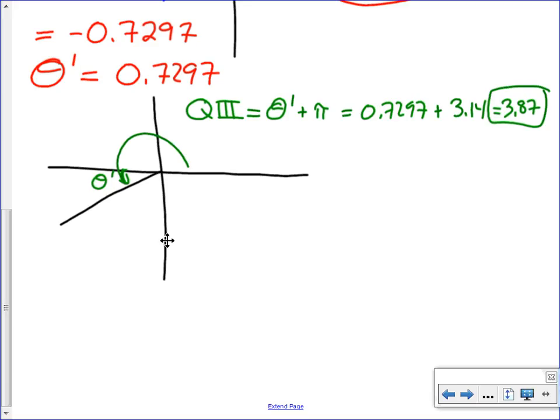if your angle was in quadrant 4, this is your reference angle. So to find the angle, you would go up to the full circle and take away your reference angle.